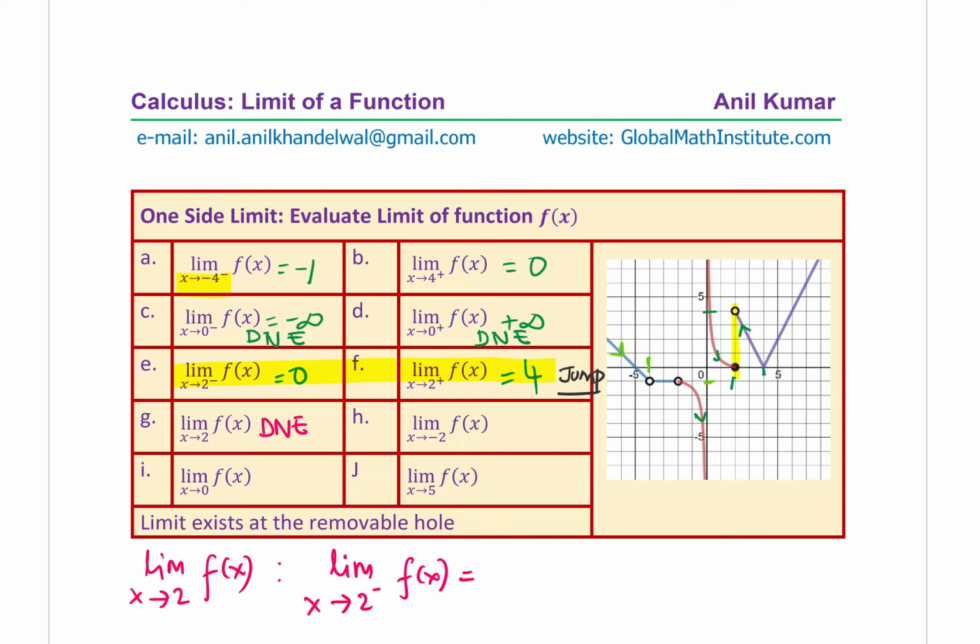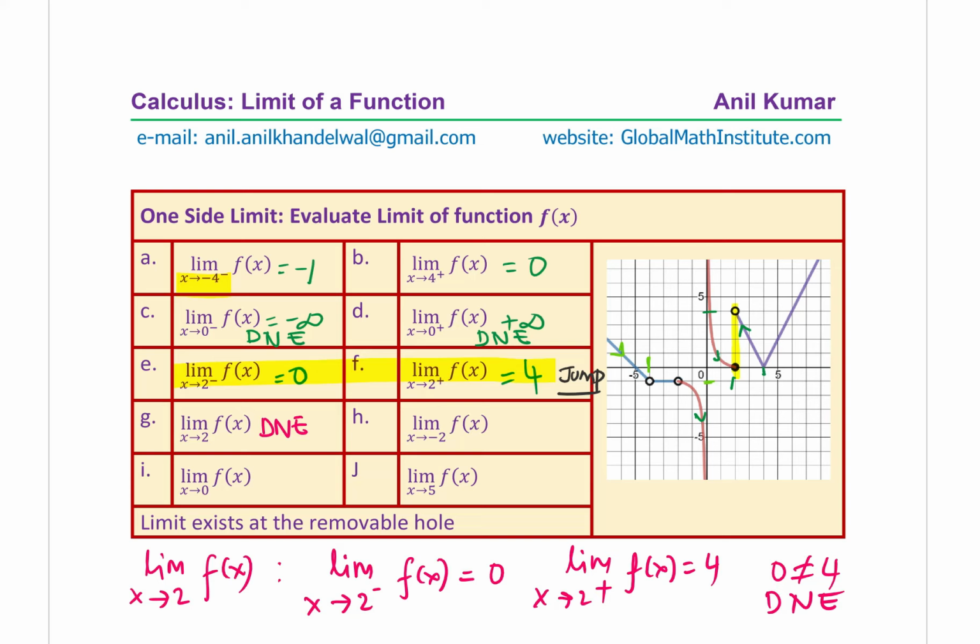And that was, if I was approaching 2 from the left side, I was approaching a value 0. And the limit when x approaches 2 from the right side was equal to 4. And we see they're not equal, right? So since 0 is not equal to 4, the limit does not exist. Does that make sense to you? Perfect. That is very important to understand, right?